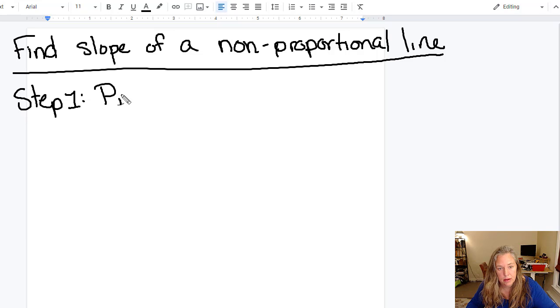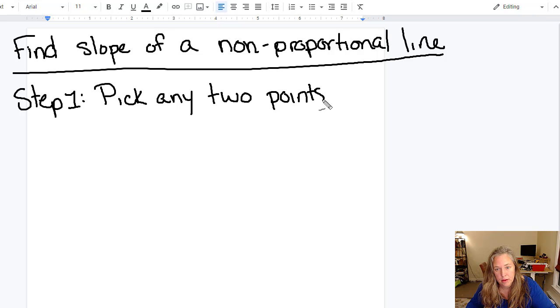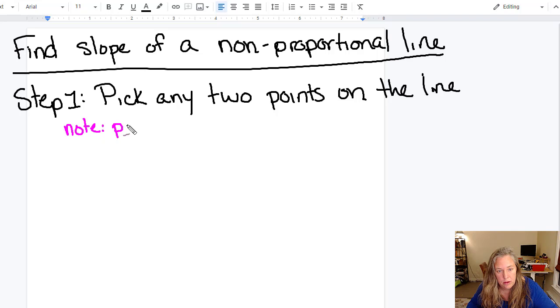Pick any 2 points on the line. And we're going to give ourselves a little note here. Pick points that are easy to read.